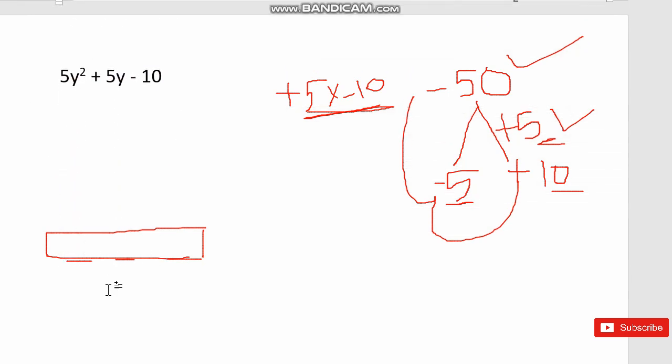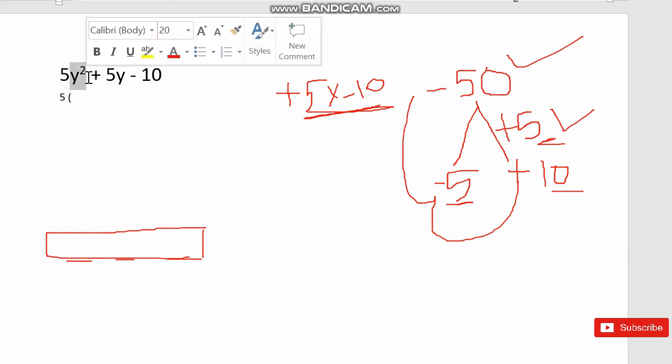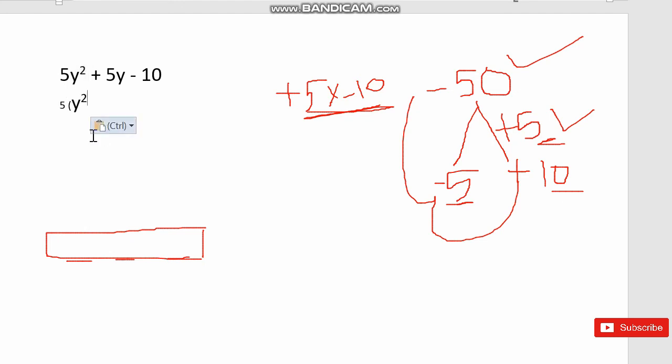So we write 5 into the bracket y square plus y minus 2.